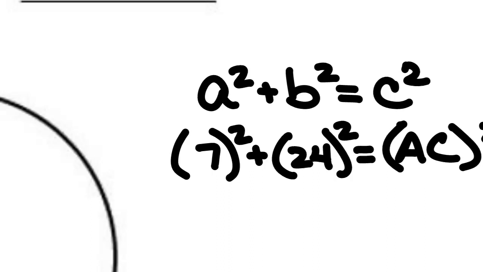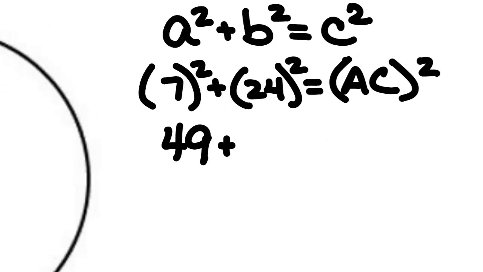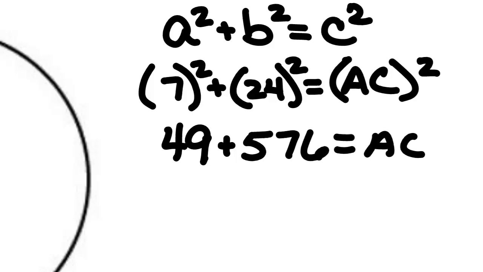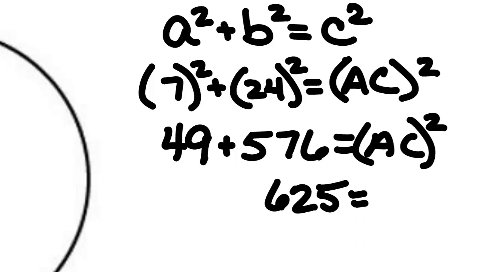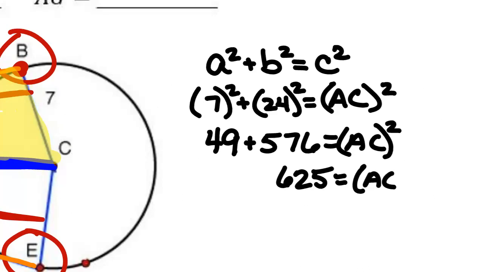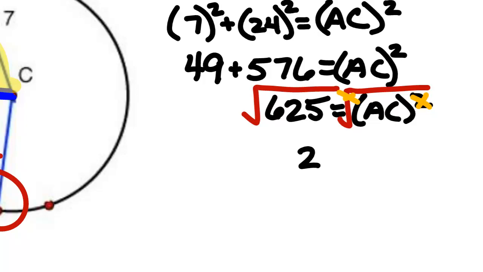What is 7 squared? 49. 24 squared? 576. And then I have to add those two together. 625 equals AC squared. What do I still need to do? Square root it. What is the square root of 625? 25. So AC came out to be a nice whole number. It is 25.